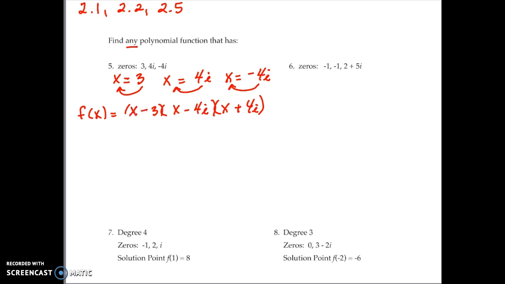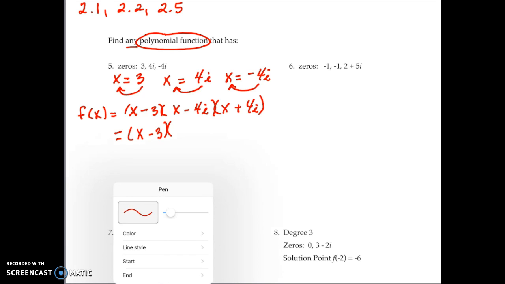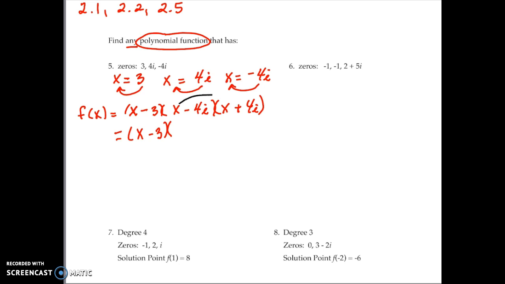To go ahead and find the actual polynomial function, we need to do the multiplication involved so that we have unfactored form. I definitely think it's easier to multiply the complex roots first, or the factors with imaginary values, because we know that these are conjugates of each other, and we have learned that with conjugates, multiplying the first and the last term will save you some time rather than multiplying all parts of FOIL.